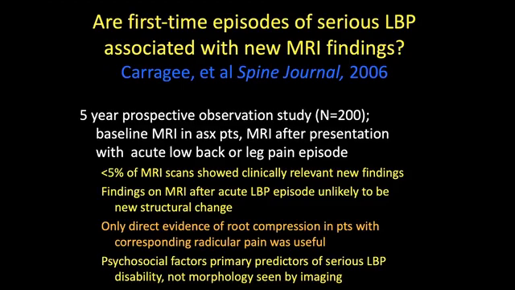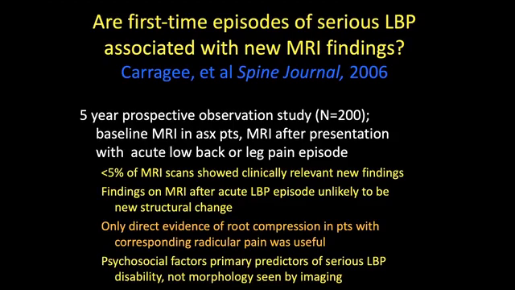So for patients who present with first-time episodes of low back pain, are there new MRI findings? So meaning, is it good to have a baseline MRI that we can compare? So this 5-year prospective study looked at baseline MRIs in patients before they were symptomatic.